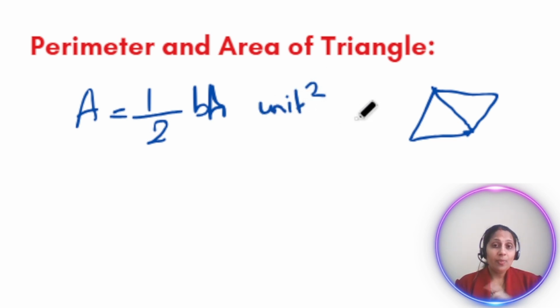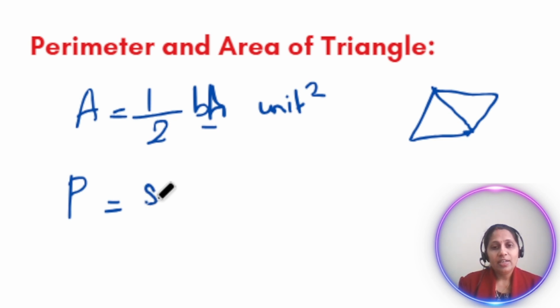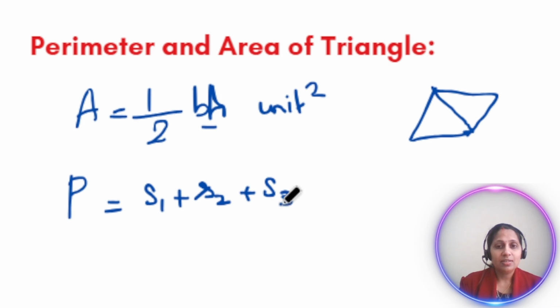So half base into height. Always remember this height is your vertical height. And perimeter is side 1 plus side 2 plus side 3, the sum of all the boundaries. Perimeter is easy, right? You have to add up all the sides. Whereas area is half of your parallelogram, which is half times base into height.